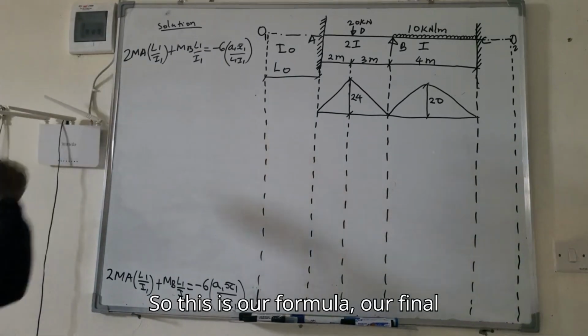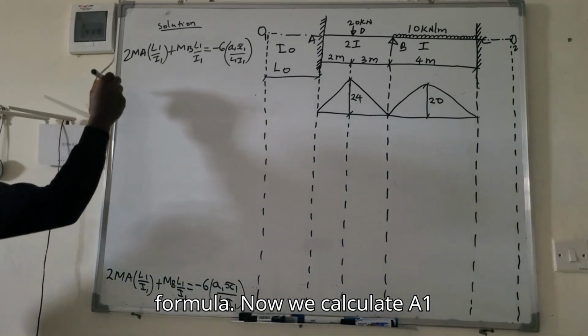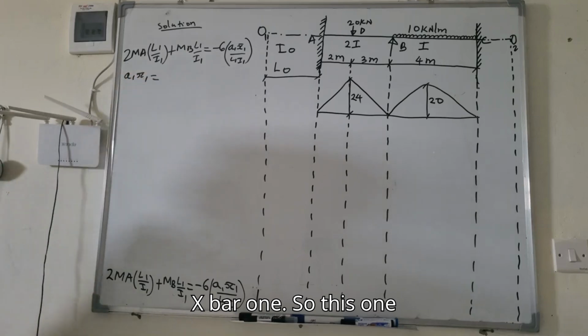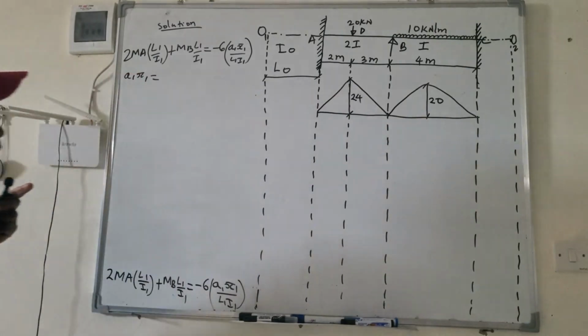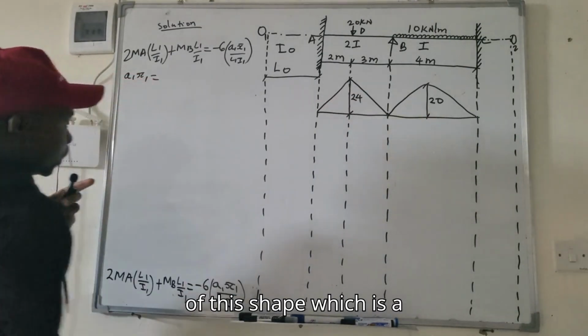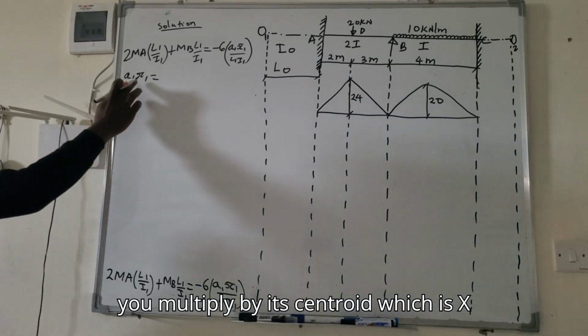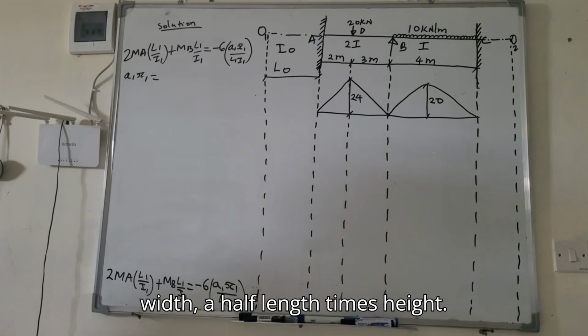So this is our final formula. Now we calculate A1 x bar 1. This is the area of this shape, which is a triangle, and then you multiply by its centroid, which is x bar. So the area is a half length times height.